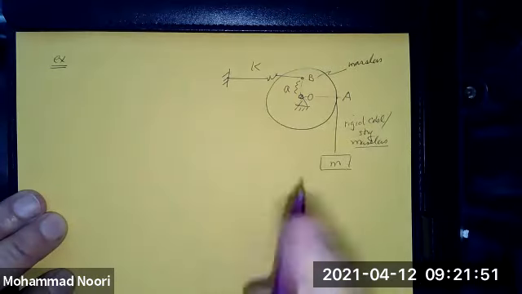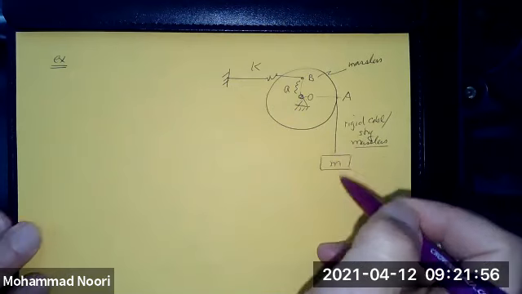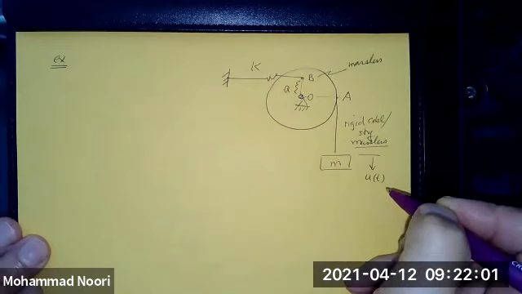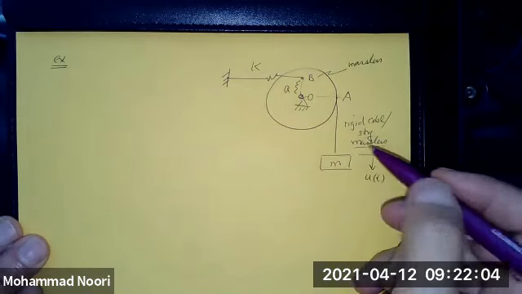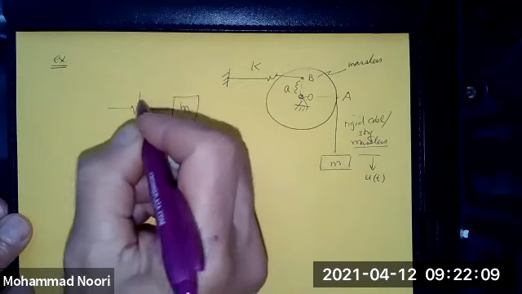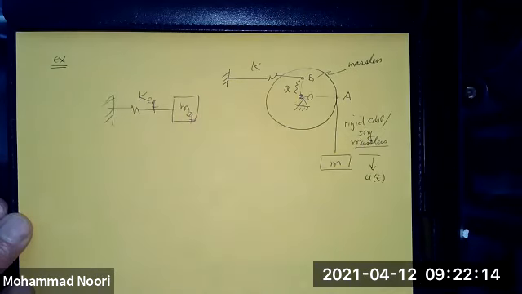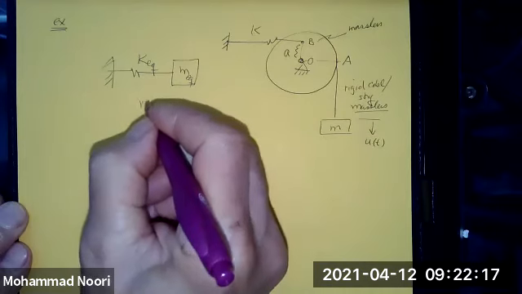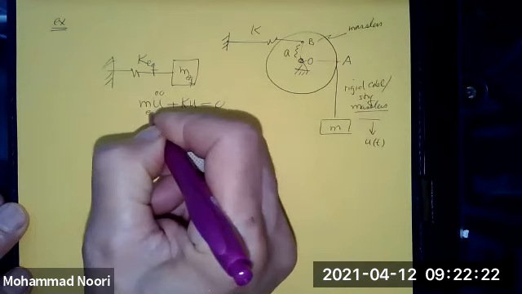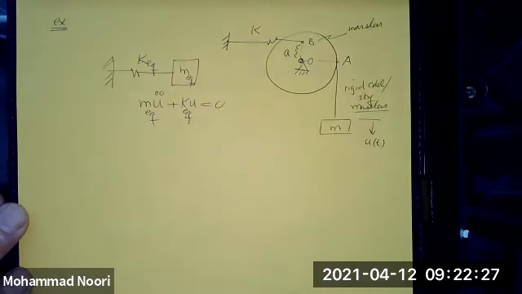And this mass starts to oscillate, going through a displacement u of t, and you want to set up the equation of motion, or in other words, find the equivalent mass and stiffness, so you can set up the equation of motion for this system, which is m u double dot plus k u equal to 0. So what is k and m?